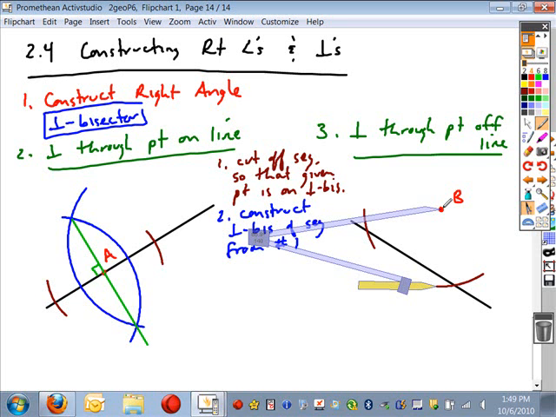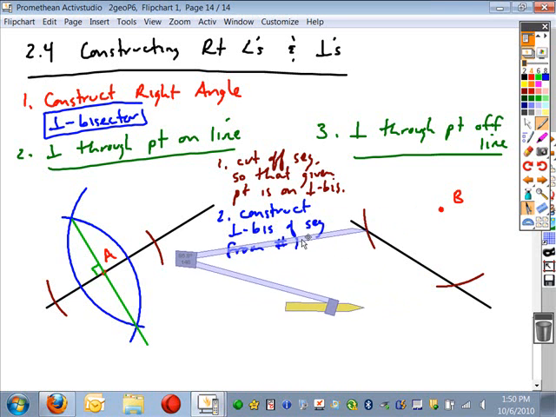Okay, so again, B is the center of a circle, and where this cuts off this chord to that circle, B will be on the perpendicular bisector of that segment cut off here. So now step two is to construct a perpendicular bisector of the segment that is cut off from step one.